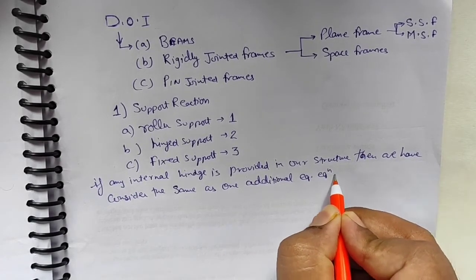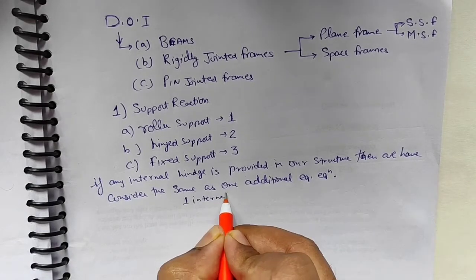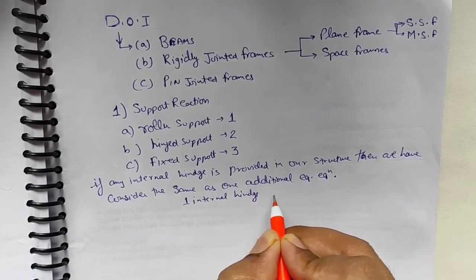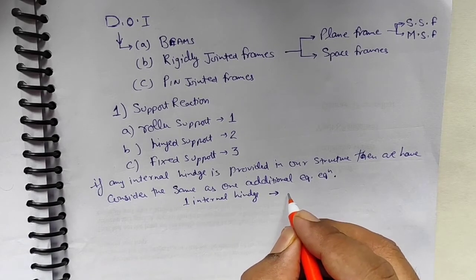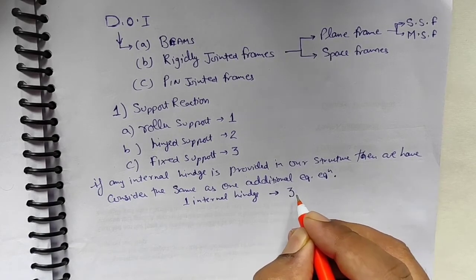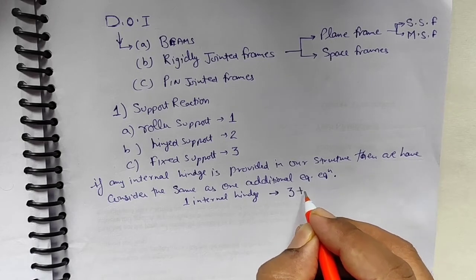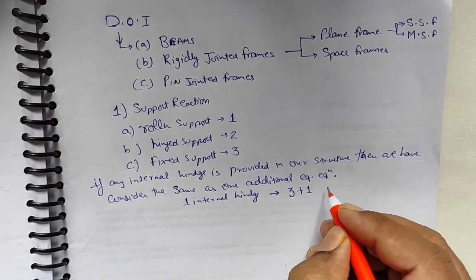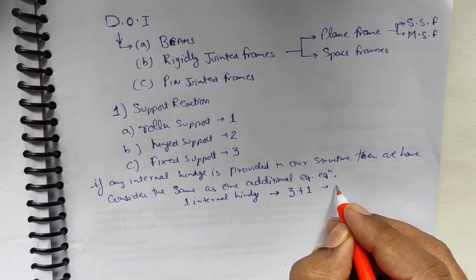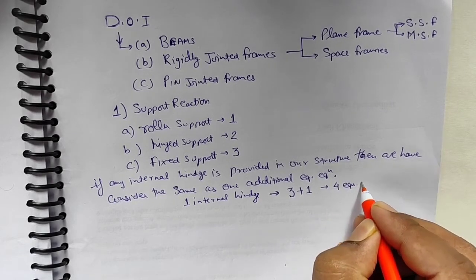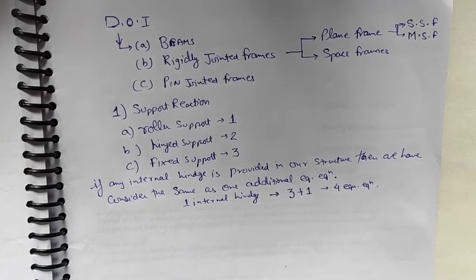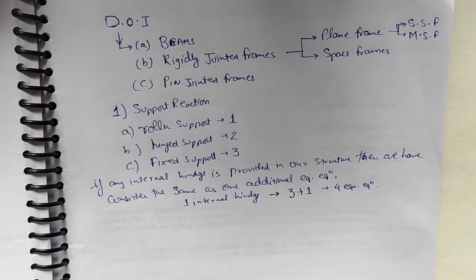That means if in the question one internal hinge is given, then as we know that we have three equilibrium equations, that particular hinge will be added to the equilibrium equations, so in total we will have four equilibrium equations. The additional hinge that is given should be considered as an equilibrium equation.